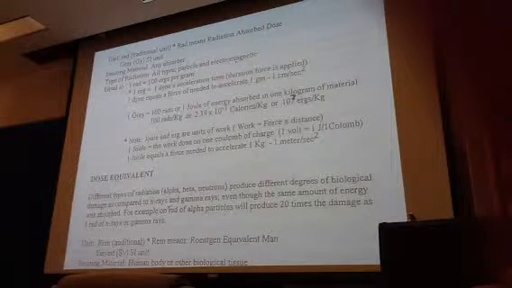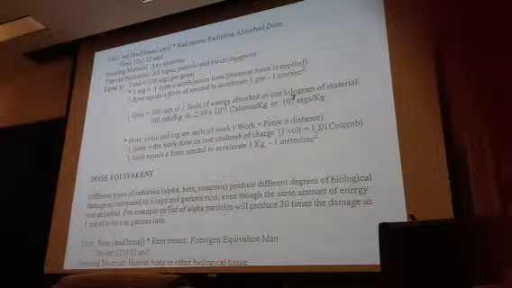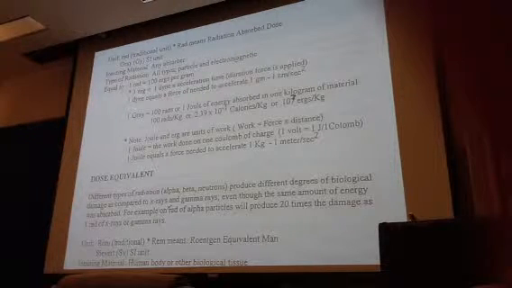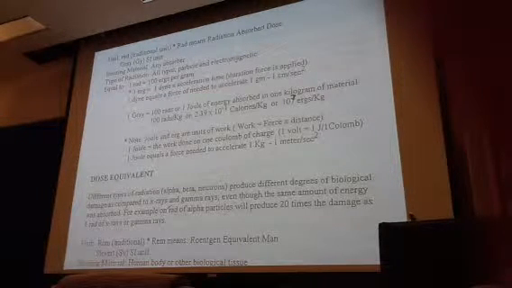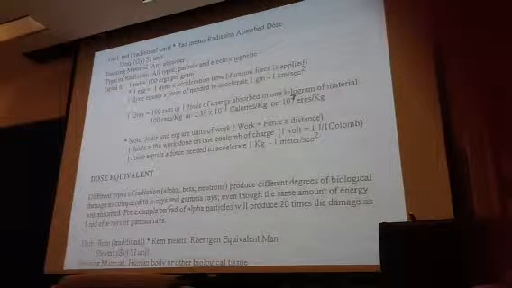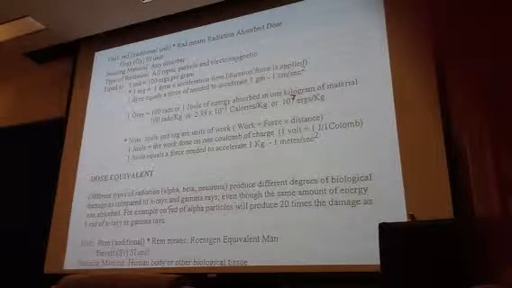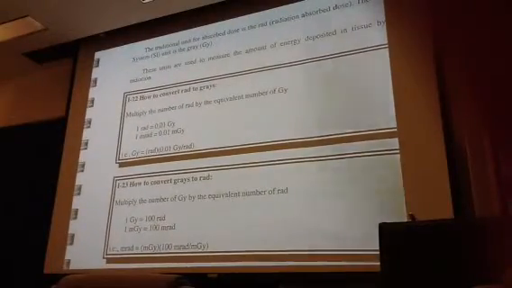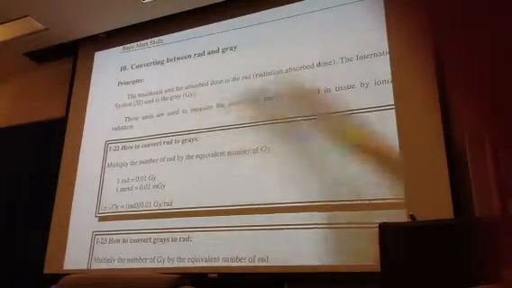There's a bunch of conversions in the book. Page 32 shows you how to do Becquerel, which we've already done. But starting on page 35, converting between rad and gray.